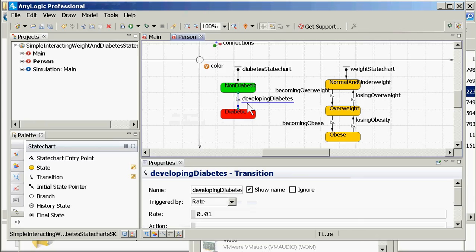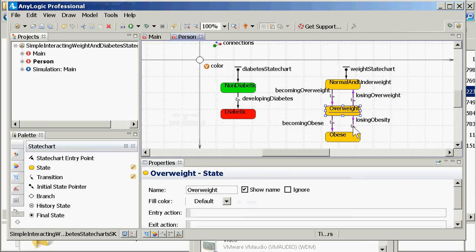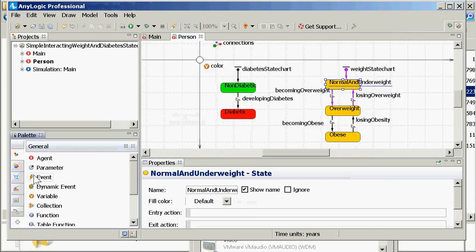And we're going to set it so that we have different rates of becoming diabetic, a different chance per year, depending on the weight status of the person. Okay? So we're going to introduce a what into our model? A variable.